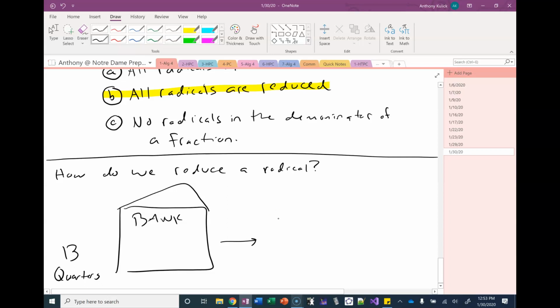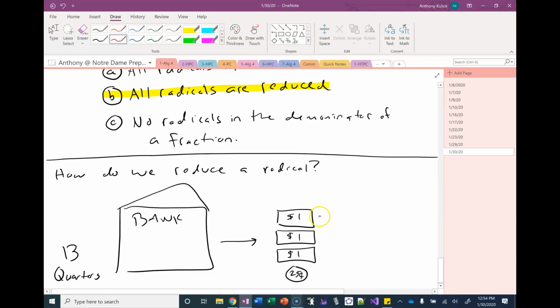$3 and $1. Everybody agree with that? Why did we get this much back from the bank?